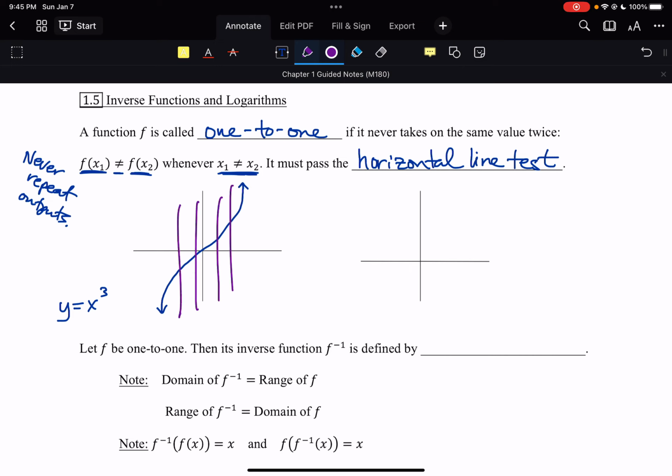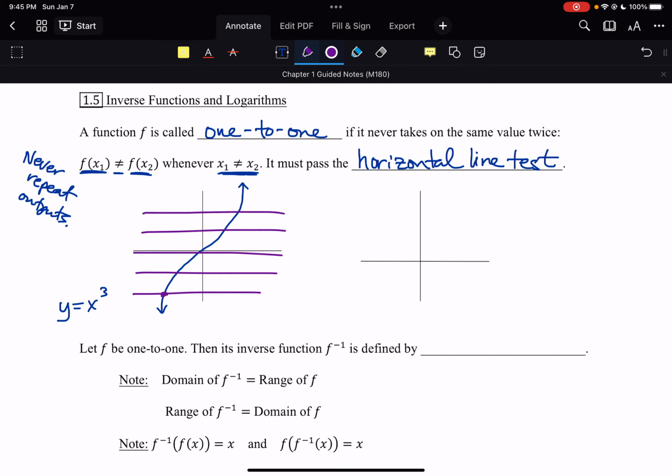You can draw any vertical line you want through it, and it only hits one point. But it also passes the horizontal line test because no matter where we draw a horizontal line, we will only ever hit the graph once. In other words, it only ever hits each output once. Okay? It never repeats outputs.